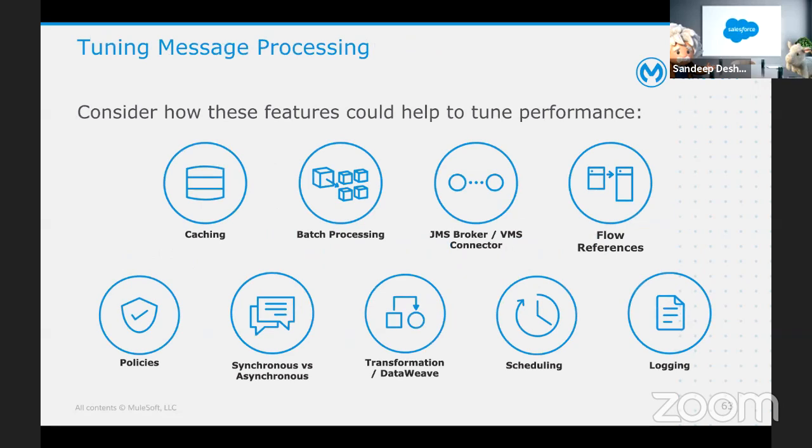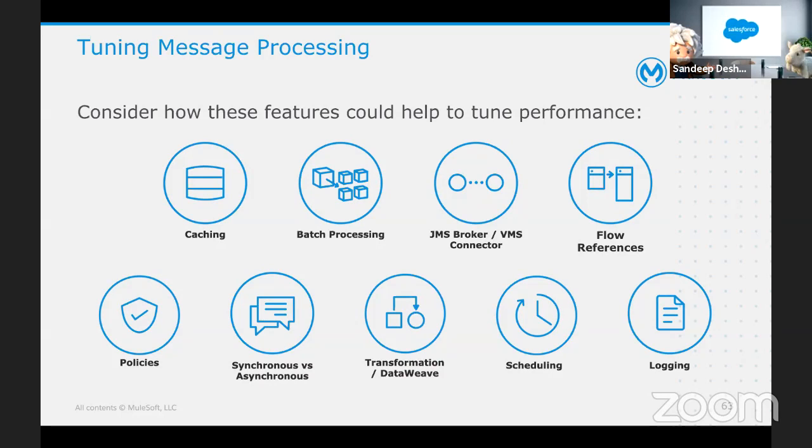And what are the tuning options, right? If you are seeing that your application is not performing well enough, Mule has some design patterns. For example, scatter-gather, which can improve the processing time of your APIs. We have a caching mechanism to make sure the retrieval of records is faster. Then we have batch processing for streaming your data.